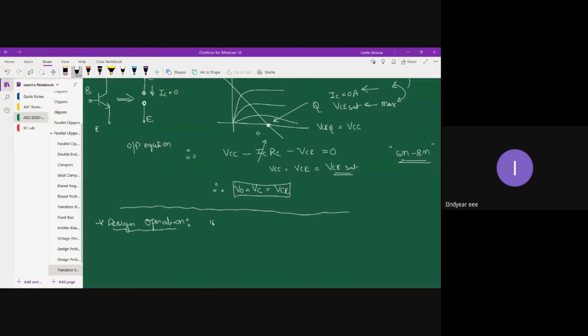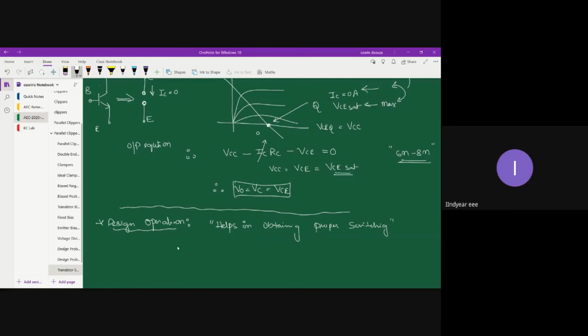So design operation helps in obtaining proper switching. Now, what do we do in order to get the proper switching operation? So we use this formula actually.